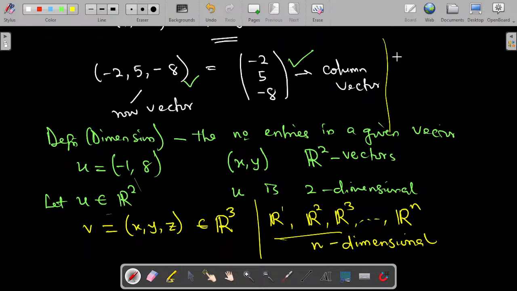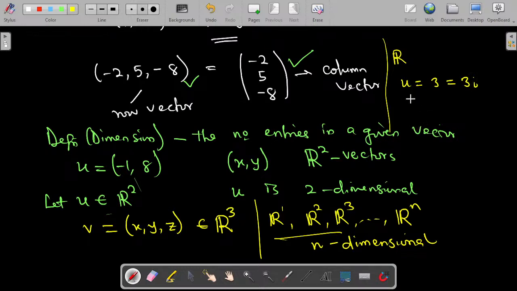This thing I said now, you are going to see it in some of our exams. All real numbers are vectors. For instance, if I write something like U is equal to maybe 3, this is a vector. And what type of vector is it? It is an R1 vector.